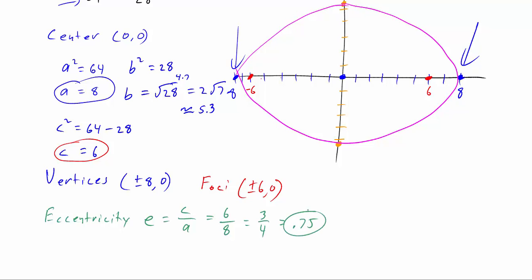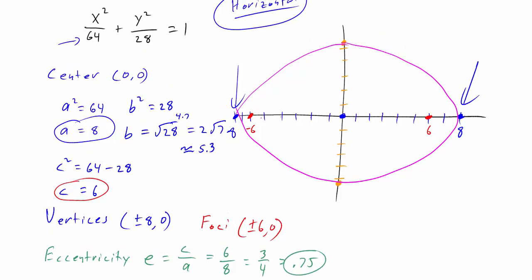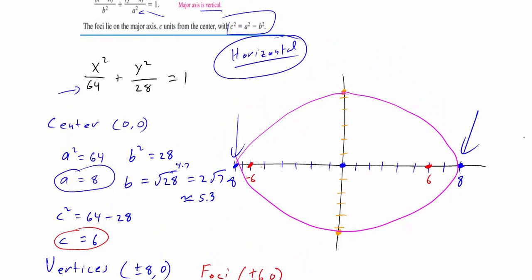This is closer to 1, so we can see that it has a more elongated shape. The closer this number is to 0, the more circular it's going to be. So there we have the graph of x squared over 64 plus y squared over 28 equals 1.